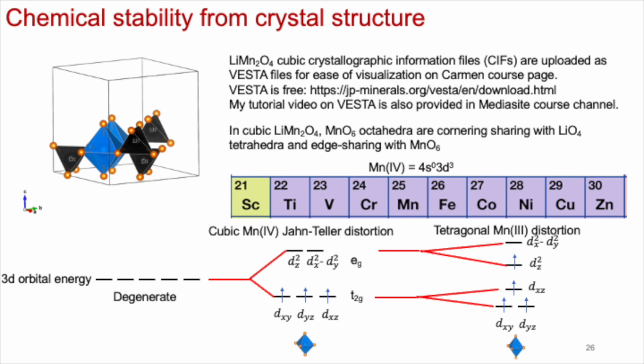That means there are three electrons that are going to occupy these orbitals. And of course, according to Hund's rule, they're going to occupy one per orbital in the lower level. So you build up. Okay, that's fine. Now, what happens when you go through the redox couple and manganese becomes 3+?